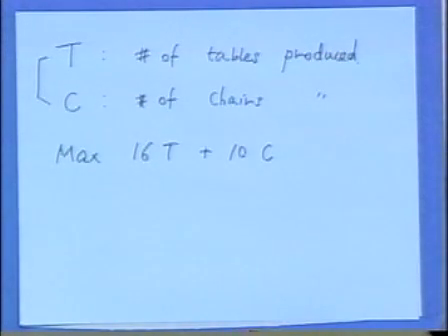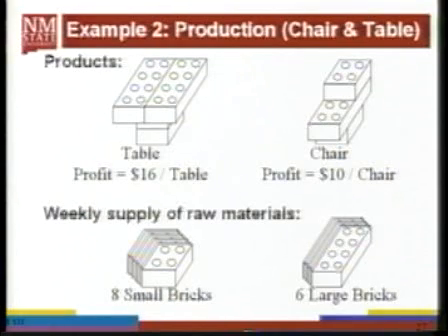And each chair uses 1 large brick and 2 small bricks, right? And you are limited by the availability of the materials, which means you have only 6 large bricks and 8 small bricks, right? So we have constraints like this.